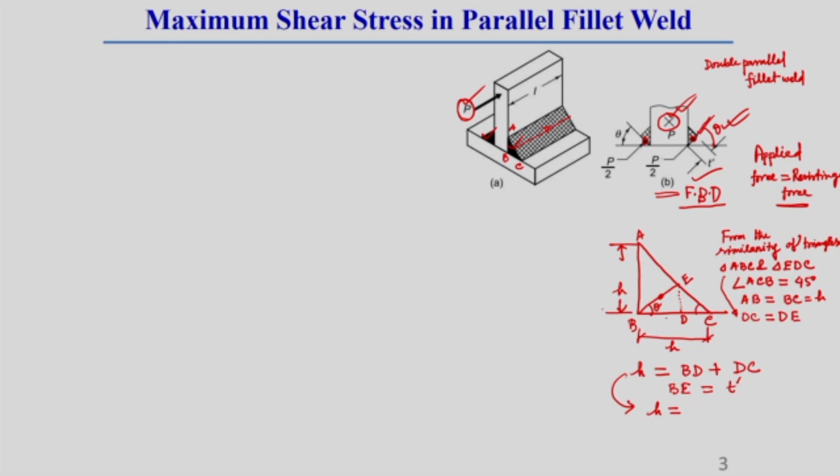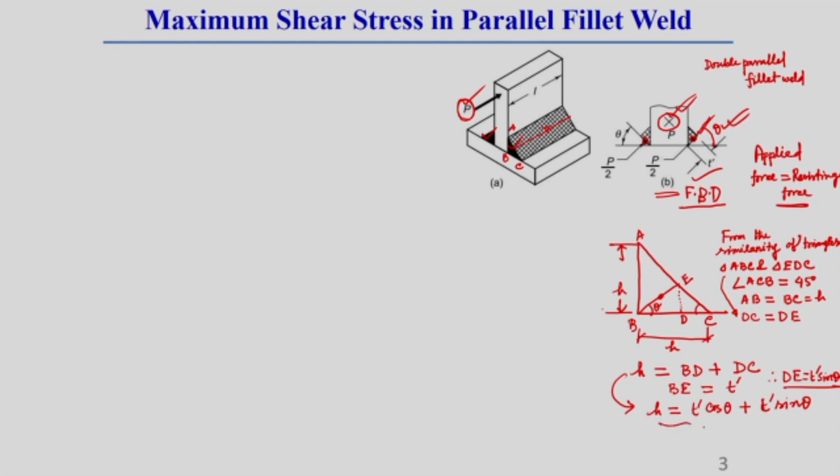So, BD we can write as T dash cos theta, correct, and DC we can write as, we know DC is equal to DE. So, DC also we can write as T dash sin theta, because we know DE is equal to T dash sin theta, that you can easily get from this triangle itself.